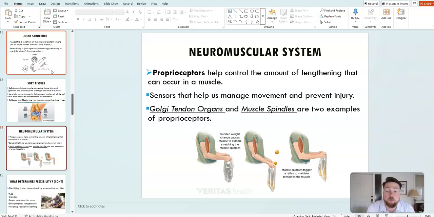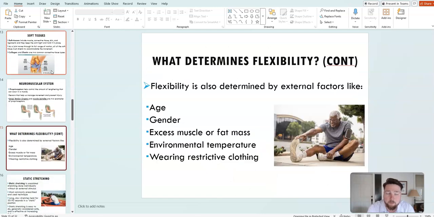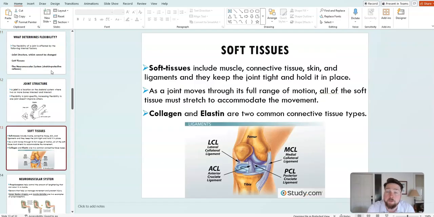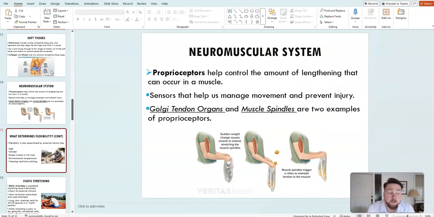Okay, so they're there for your protection. They help prevent injuries. So you know how far you can hold that stretch, or how deep you can go in that stretch. It should be a little bit of discomfort, but nothing painful. All right, so those are the three internal factors that determine your overall flexibility.